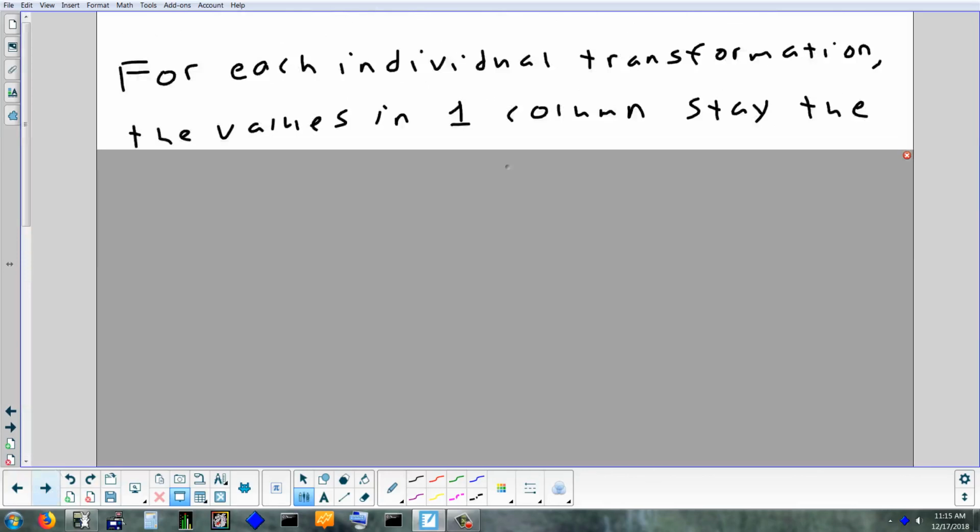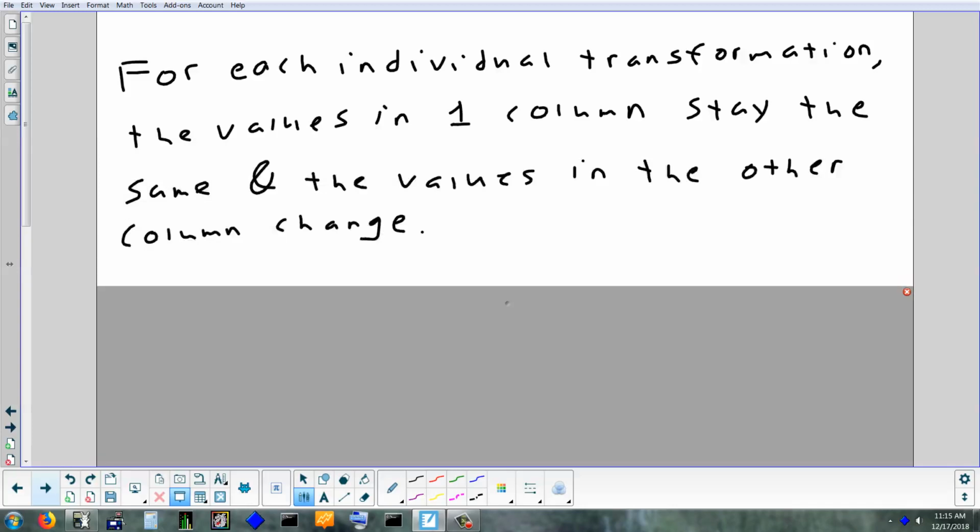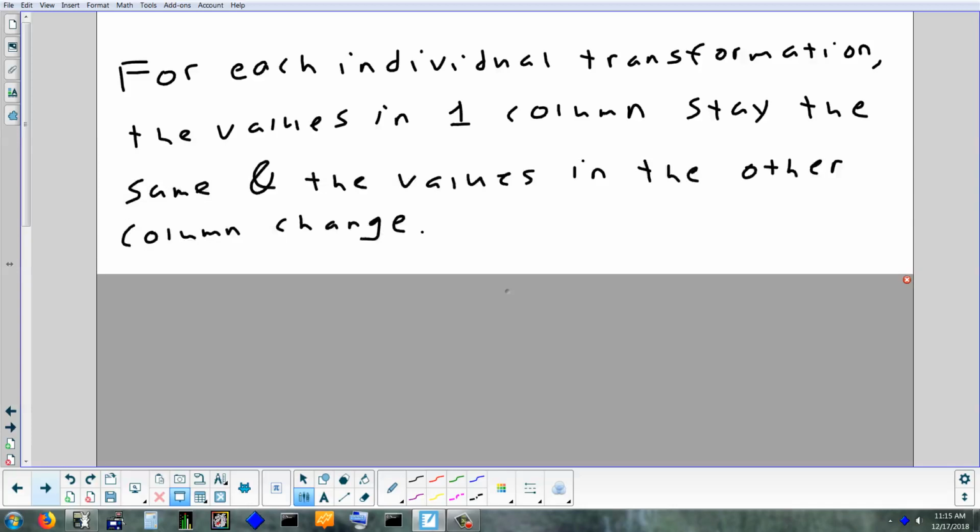All right, so this is what's going to happen. This is true for today and tomorrow. Because we're only going to do one transformation per problem, one column will stay the same, either the x's or the y's, and the other column will change, either the x's or the y's. Okay, so this is only for Monday and Tuesday.